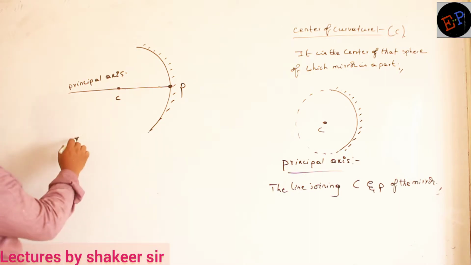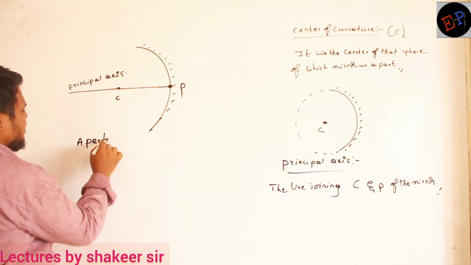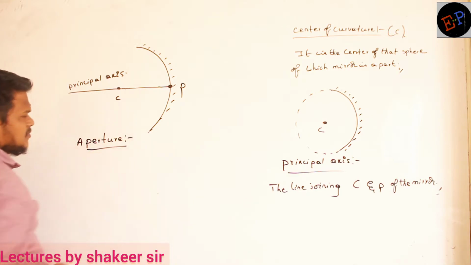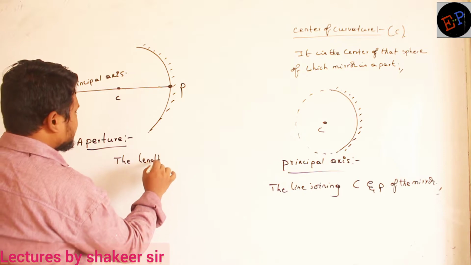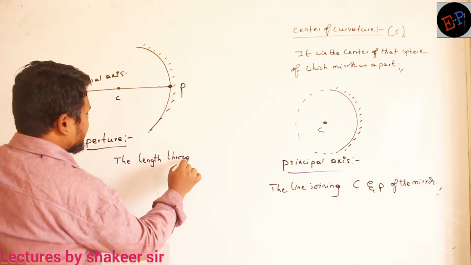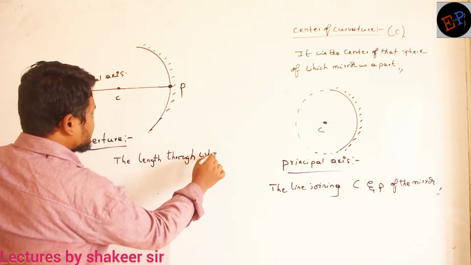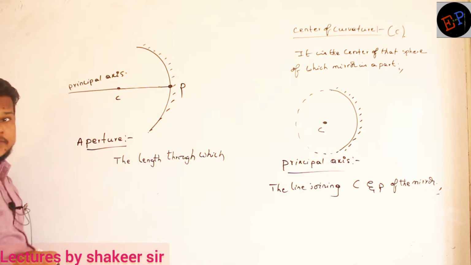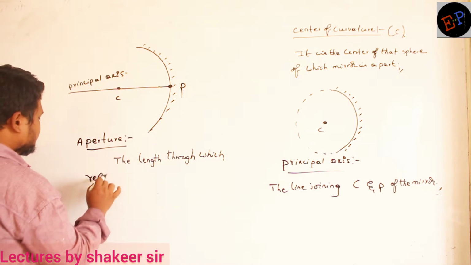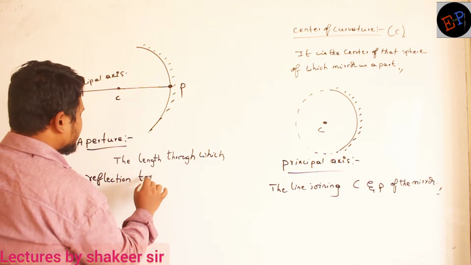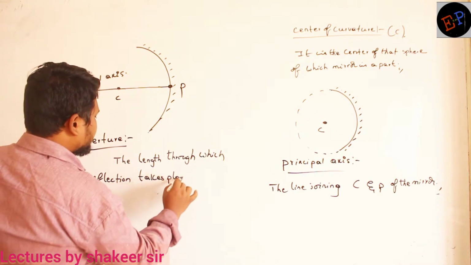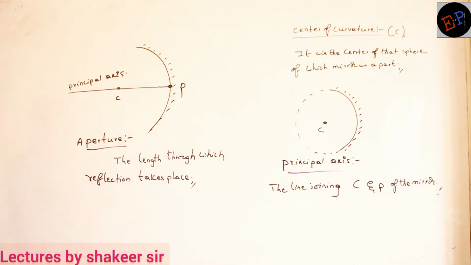Next one, aperture of a mirror. The length through which reflection takes place is called the aperture of the mirror.